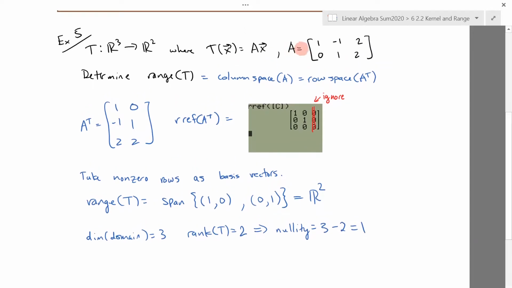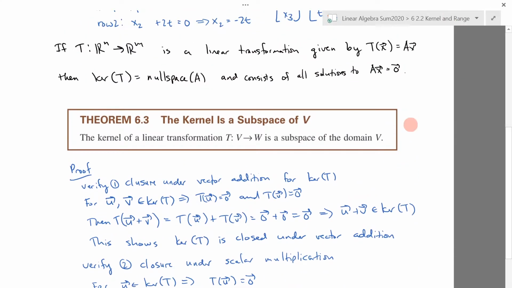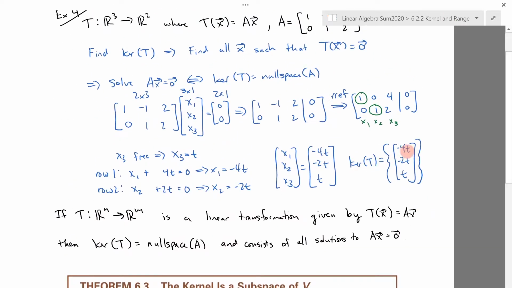But this is the same example we did before for the kernel, example 4. You can see here the kernel is clearly one-dimensional, because as t varies, you form a line in three-dimensional space.